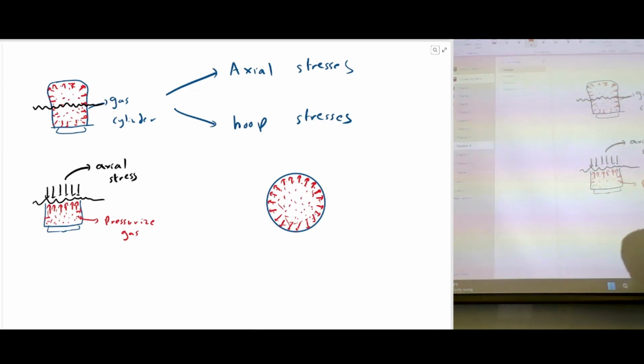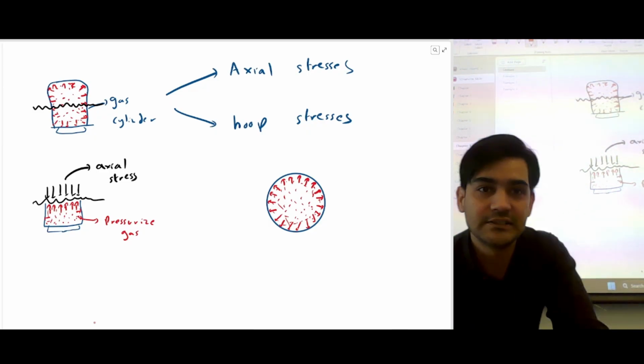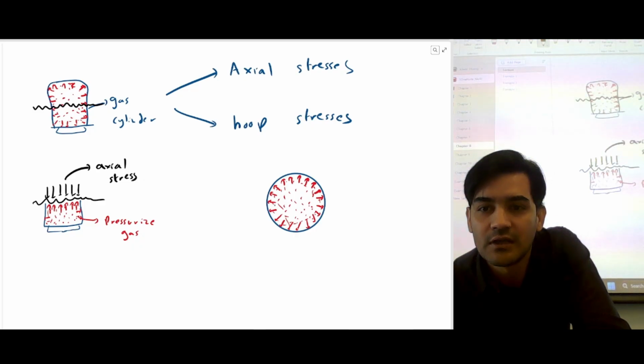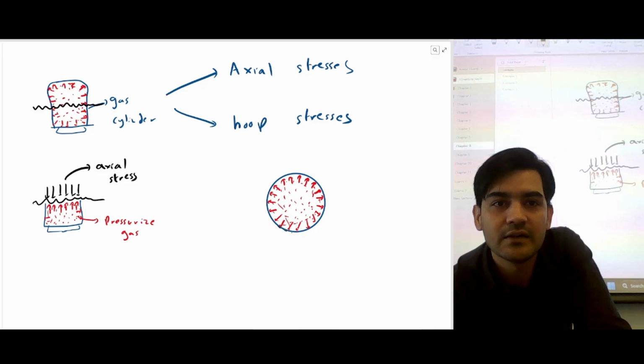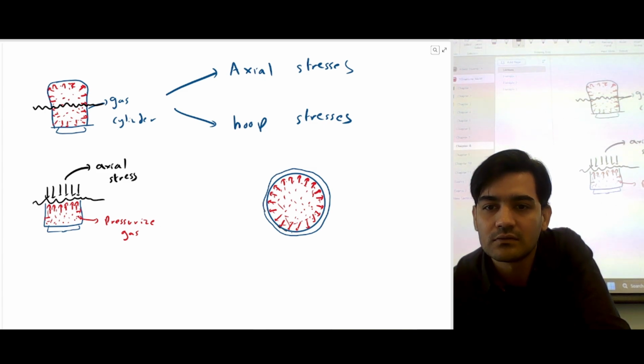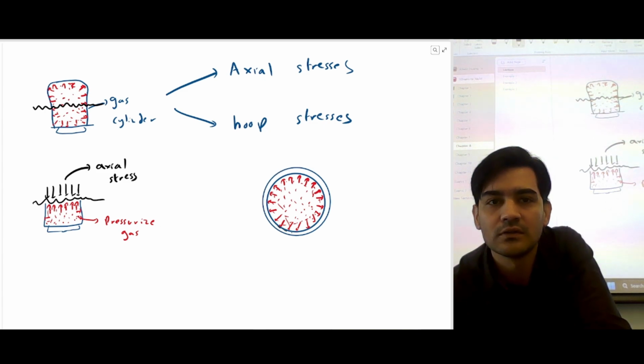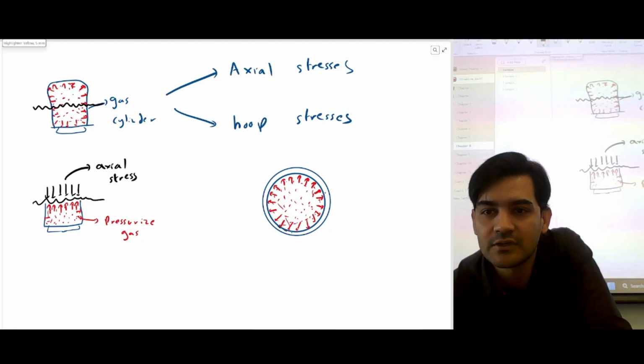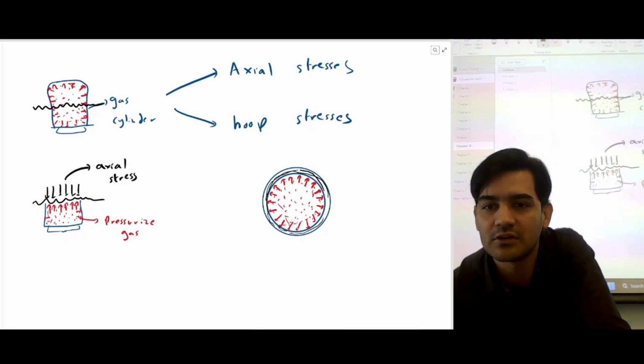And this loading condition will also generate a special kind of stress, which is going to be along the circumference. So you're going to have circumferential stresses as well.